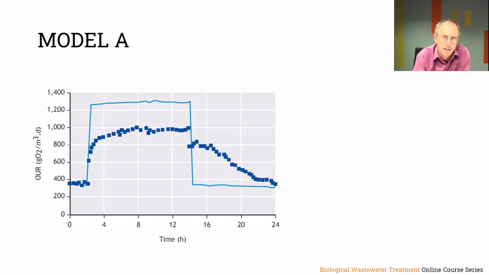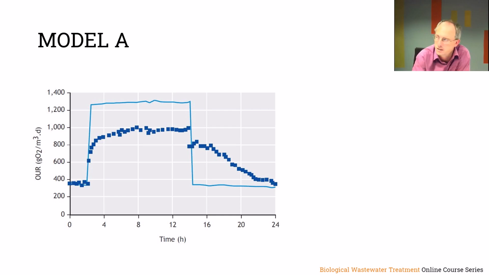Also, if you stop feeding in the model, immediately respiration falls back to baseline, but in reality there seems to be some effect afterwards. And you see a small drop, so there is something related to direct conversion of compounds in the wastewater, but obviously a part of the compounds in the wastewater are degraded more slowly than other parts of the wastewater.